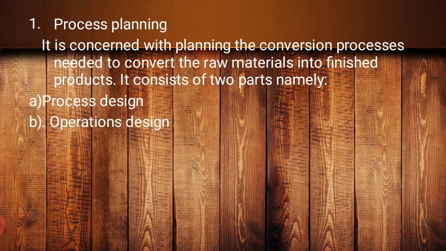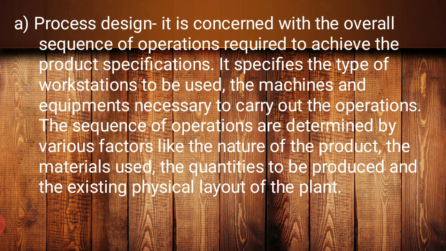Okay, so process has two aspects: process planning, process selection. Again, process planning has two things to understand, that is what is process design and what is operation design. Now when we talk about process design, what does that mean? Process itself is a bigger word, mind you, right?